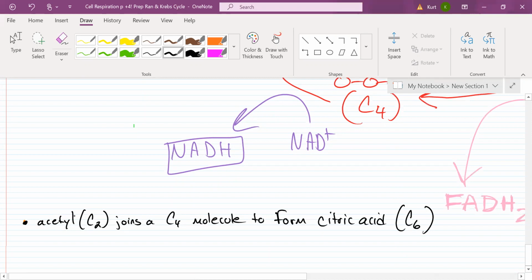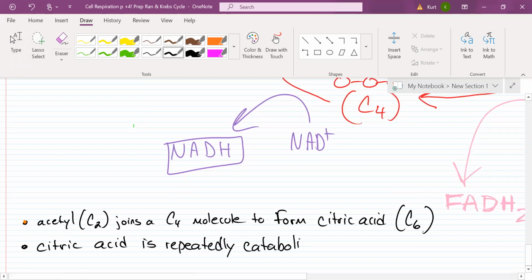So you have the acetyl from the prep reaction joins a C4 molecule to form citric acid. Citric acid is repeatedly catabolized to produce, well, there's a lot of things we produced.